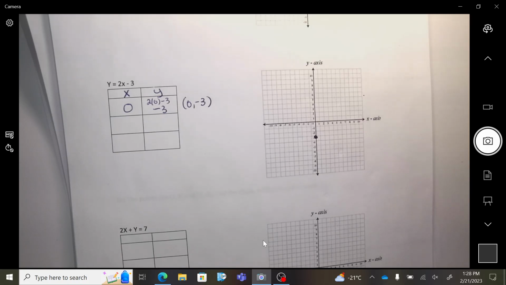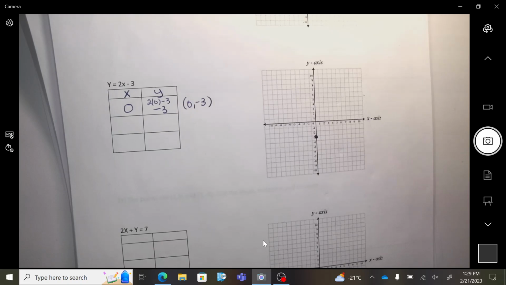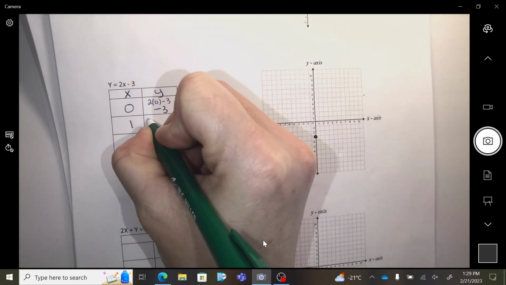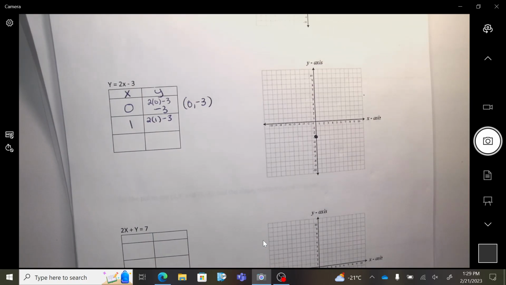Okay, what else do you want to pick here? Another x value. 17. Oh, you know what? I'm not going to go too crazy because it will be somewhere, but it might not fit on my paper. 1. So 2 times 1, subtract 3.